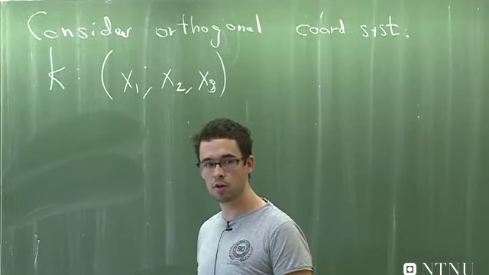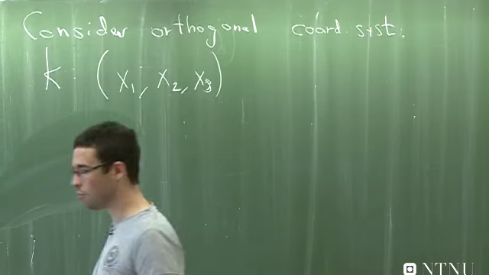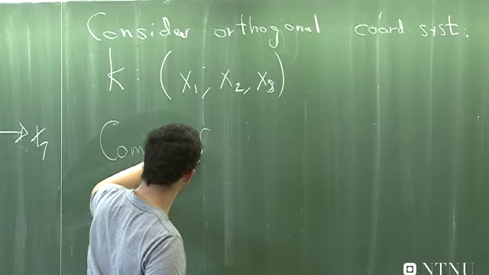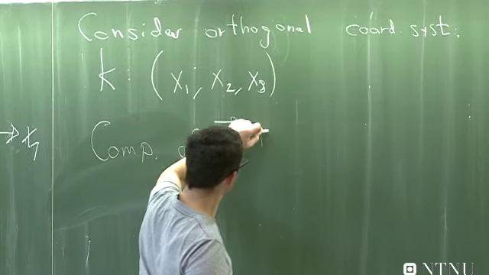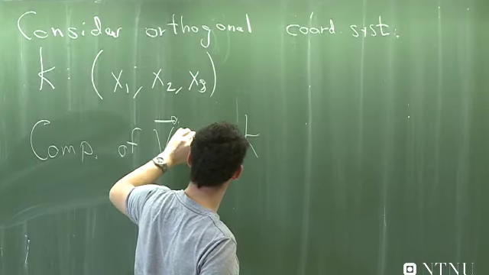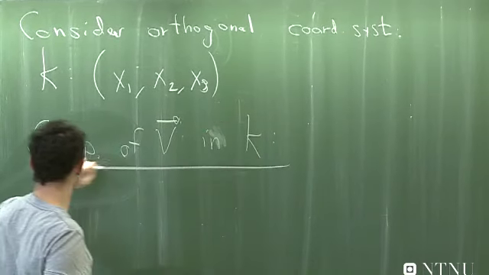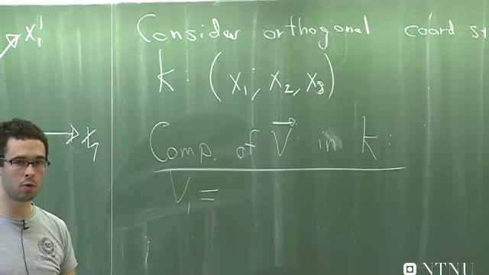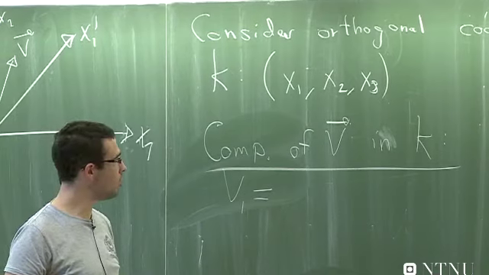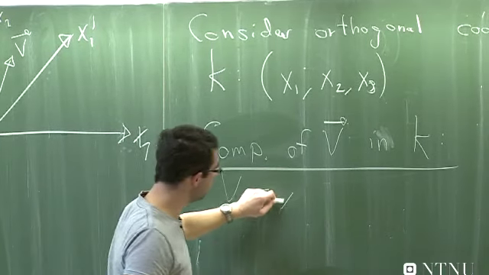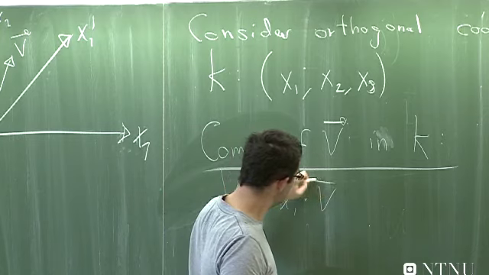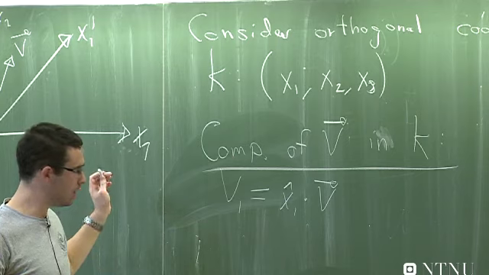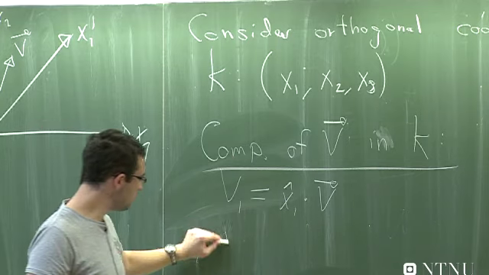The components of the vector v now in the K system are the following. Let's see, v1 is the dot product between the vector and the unit vector along x1. And equivalently, v2 and v3 are the dot products of the vector v with the other unit vectors.